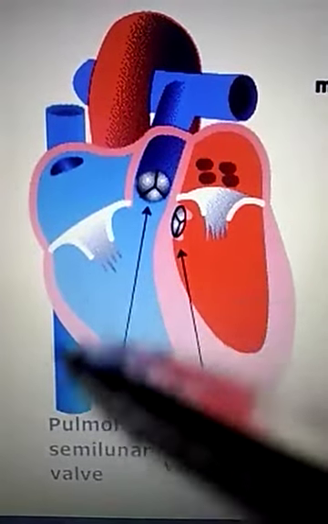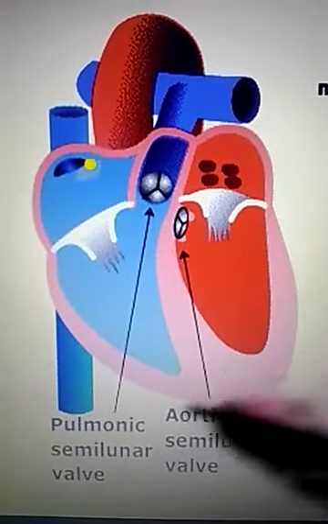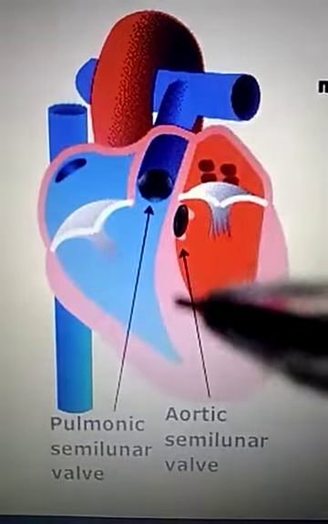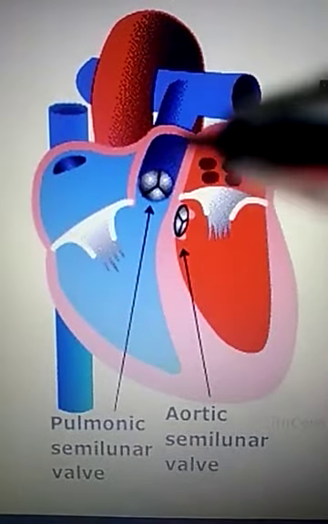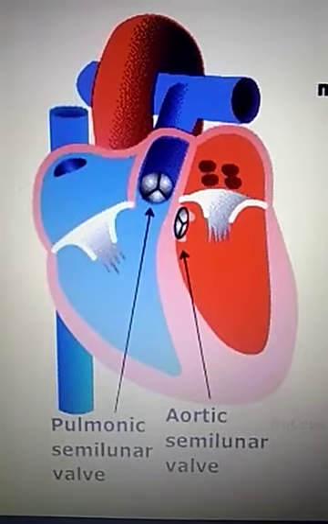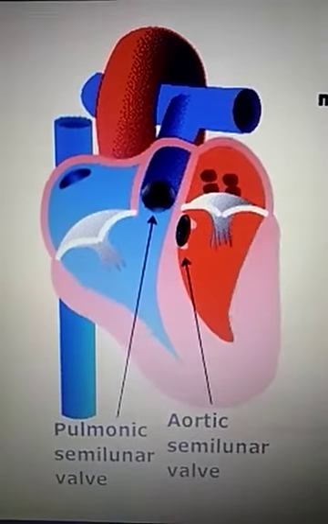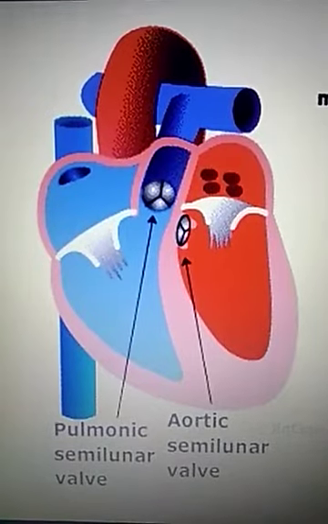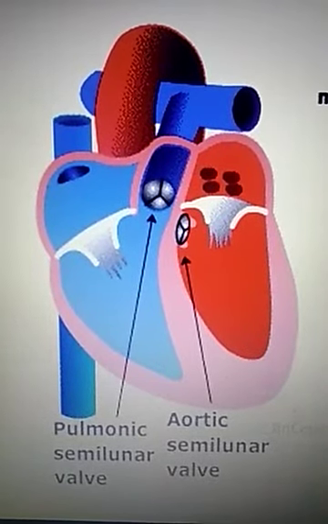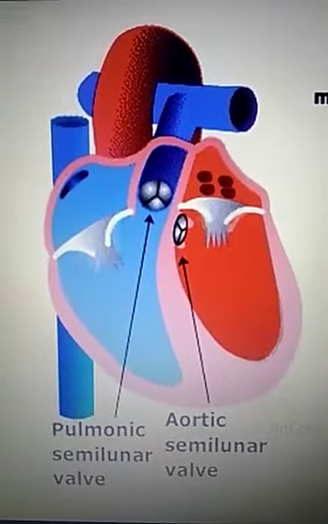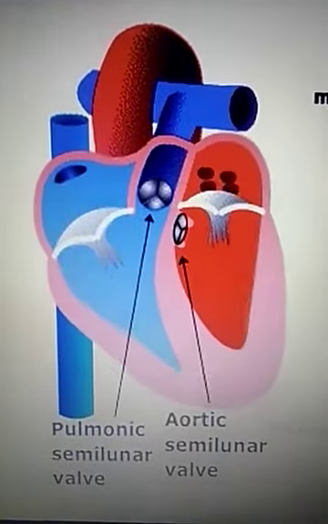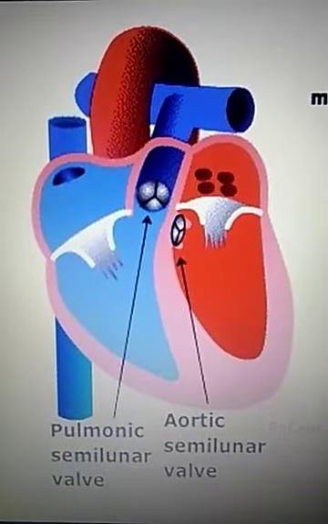So the pressure with which the heart pumps the blood to the arteries is of greater pressure, and that pressure is known as systolic pressure, whose normal range is about 120 mm of Hg, although it varies from person to person depending upon age, sex, physical activities or diseases.